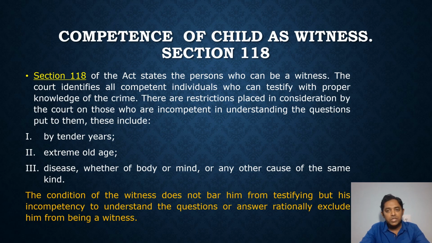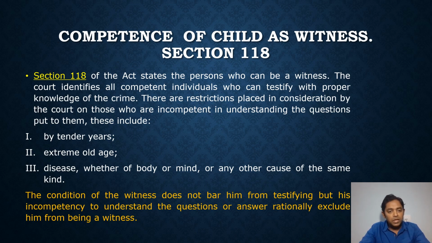The competence of a child as witness is dealt under Section 118. Section 118 of the Act states the persons who can be a witness. The court identifies all competent individuals who can testify with proper knowledge of the crime. There are restrictions placed in consideration by the court on those who are incompetent in understanding the questions put to them.